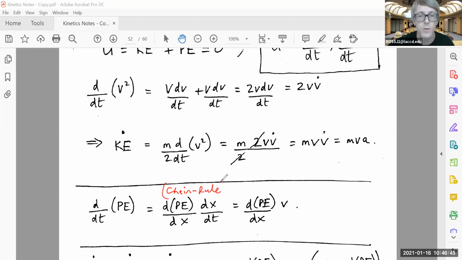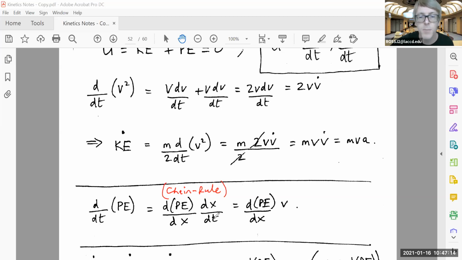So we're going to use what's known as the chain rule here. Out of the box, potential energy is sensitive to location, x. But if I want to express it as sensitive to time, at least falsely express it that way, then I just multiply by dx by dt. You can think that the dx would cancel. It doesn't really cancel, but it kind of looks like it would. And then we have dPE by dt.